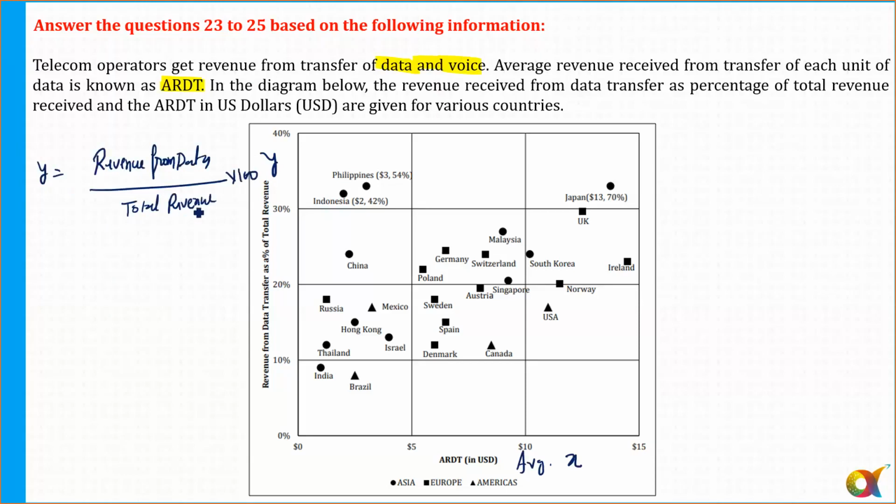Any value given on the Y axis is equal to revenue from data upon total revenue into 100. And the total revenue from the data is the average revenue X into the total data, the volume of the data.